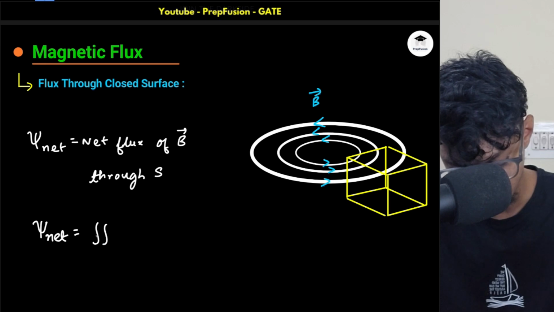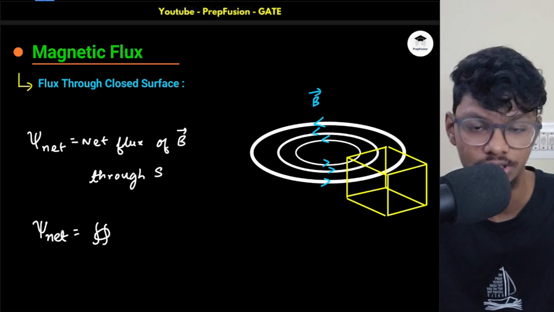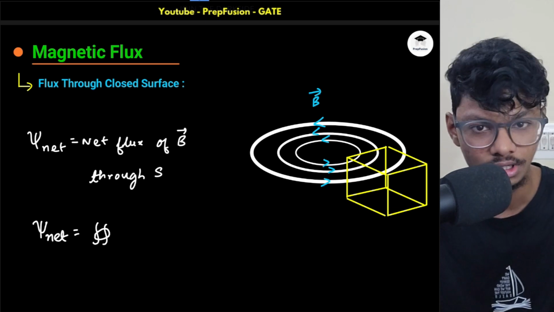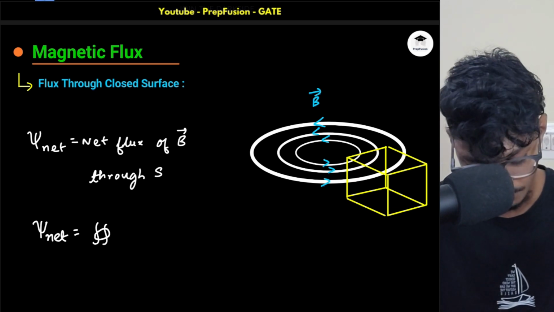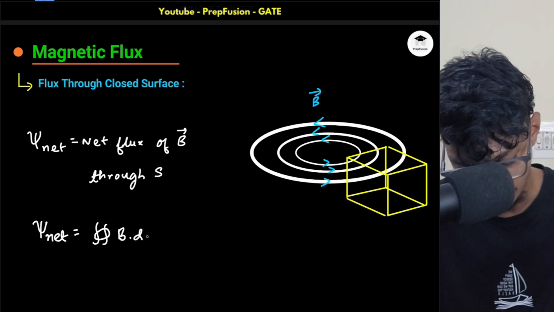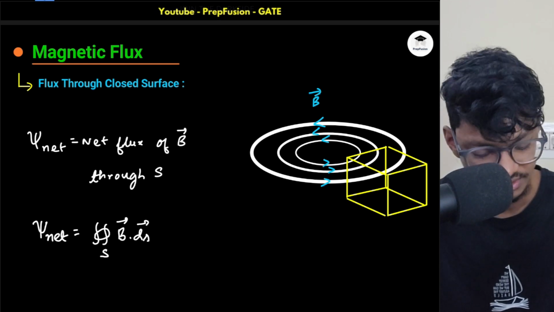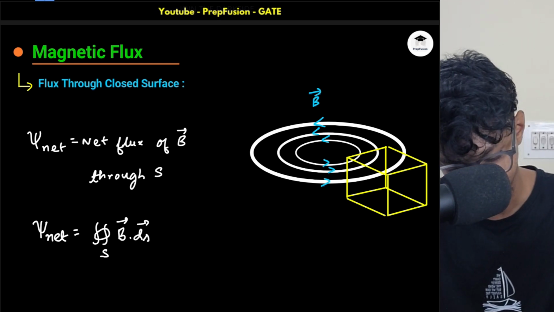It was an integration. Now this will become a closed surface integration, because this is a closed surface. I am just computing the flux through a closed surface. This will be the integral of B dot dS over the closed surface S. Okay, this is the surface S.